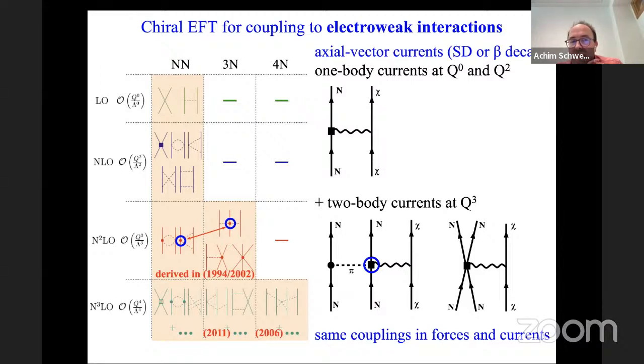So Javier Menendez was somebody who looked into some estimates, and also Heiko Hergert, and from those we would believe that this two-body contribution may enhance the matrix element again.